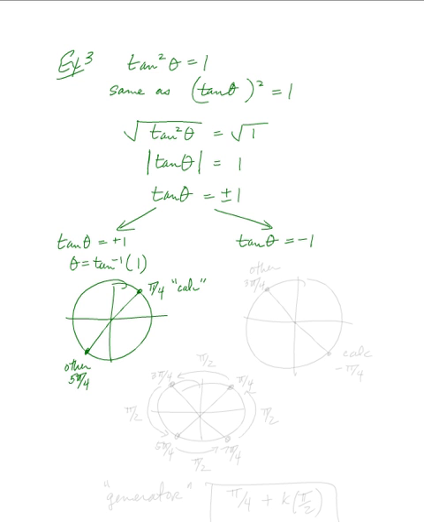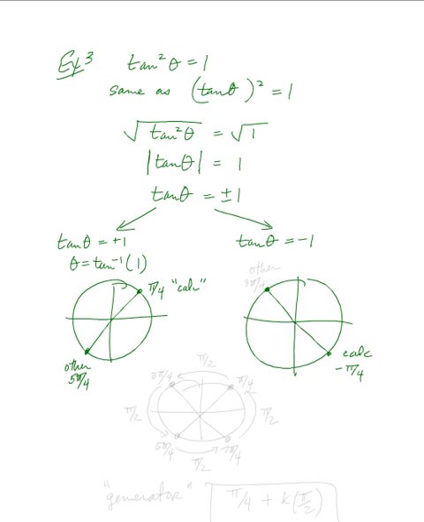And then if you look at the other equation, tangent of theta equal to negative 1, you're looking for where the ratio y over x is equal to negative 1. Well, technically your calculator solution will be here at negative pi over 4, because theoretically it has to be an answer between negative pi over 2 and pi over 2, but you could say 7 pi over 4.